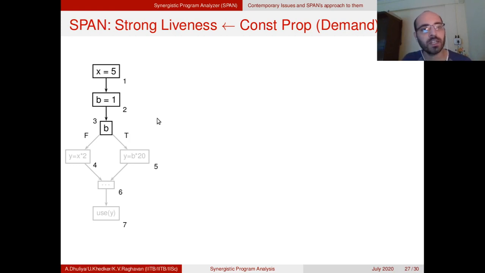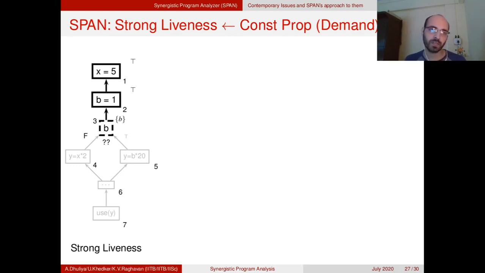Liveness analysis starts from node 3 and gets to know that this is a conditional statement. So if someone can give me the simplification of this conditional statement, I could further go and analyze 4, 5, 6, 7. The system marks this demand and lets strong liveness go ahead with its liveness information, and since B is dead over here, the liveness information is stopped at 1 and 2 in.